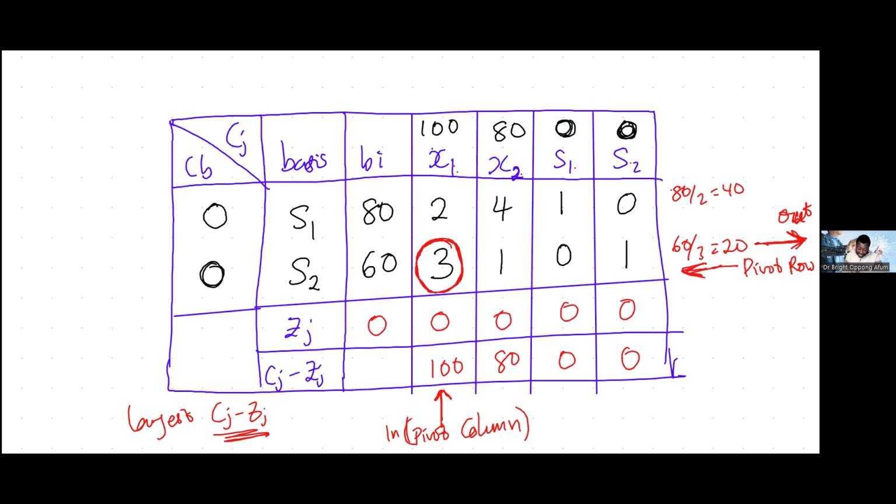It's the intersection of the pivot column and the pivot row. I'm just extending this so that when I delete, I will just delete it once and for all. So the intersection between the pivot row, which is this one, and the pivot column, which is that, gives us the pivot number.